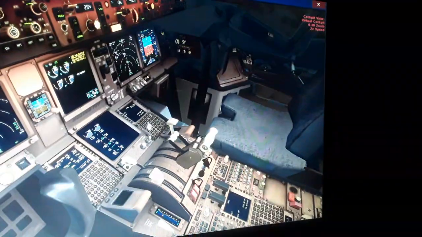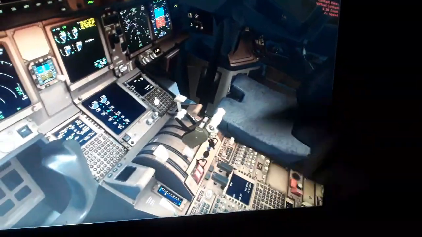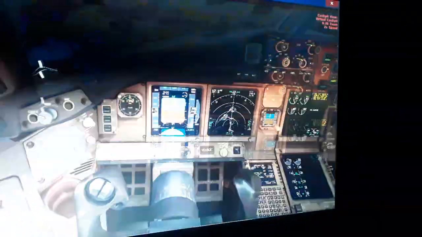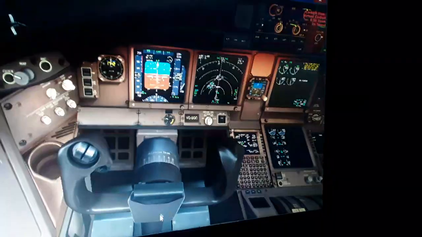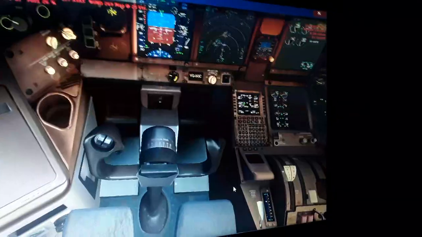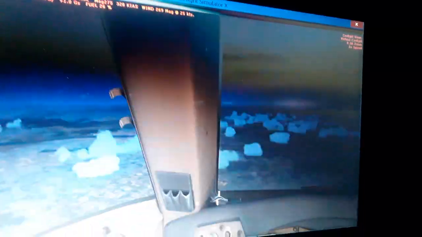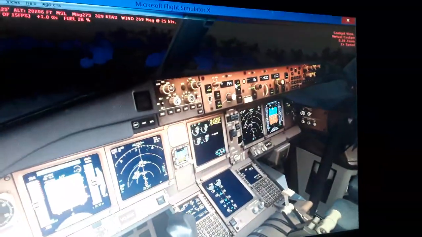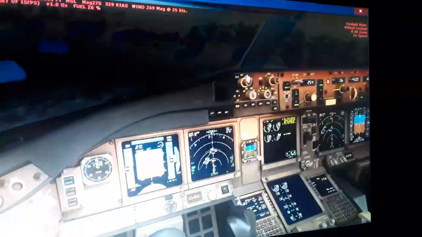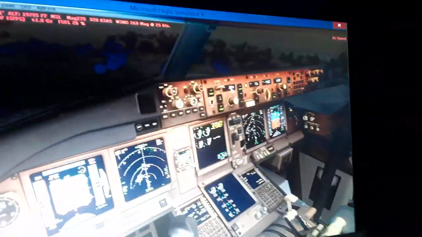Also extend the speed brakes for this. And you can see we are descending, and we have about 5 minutes left for this flight.